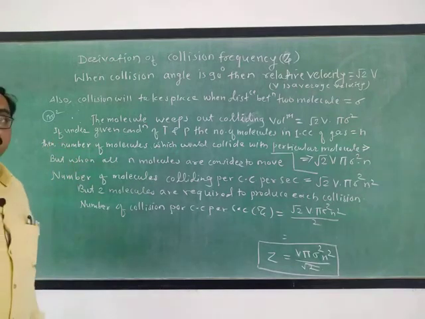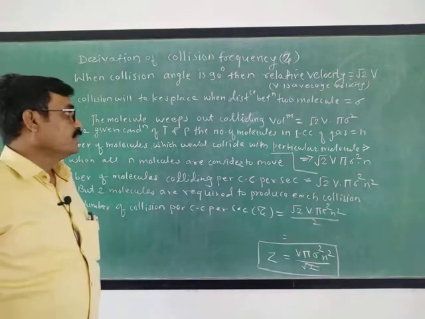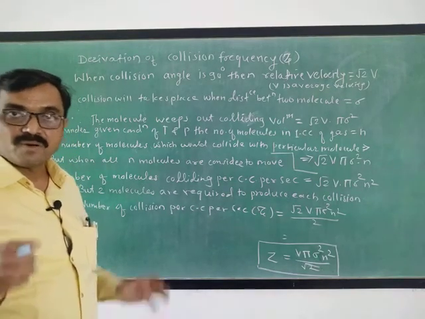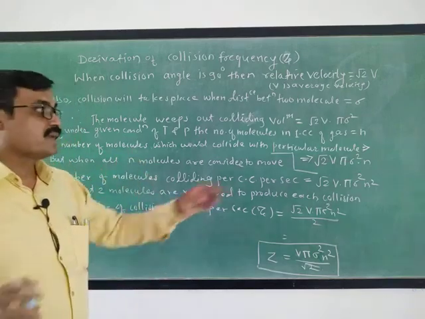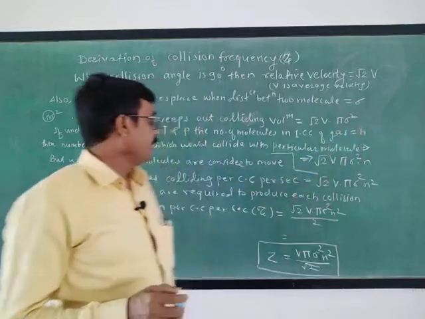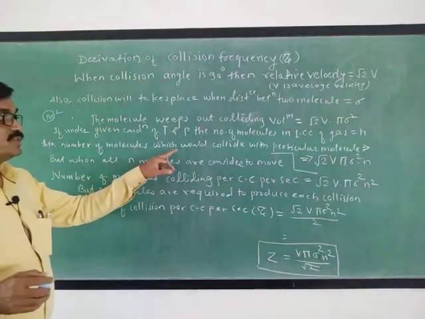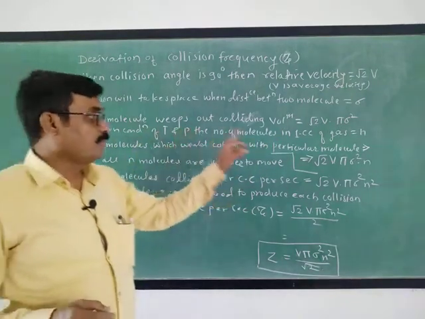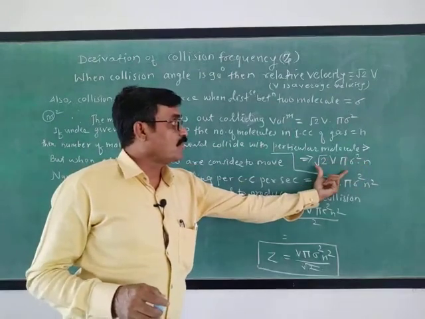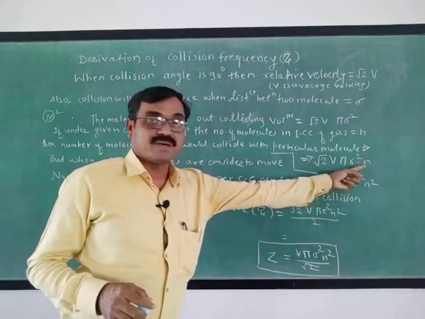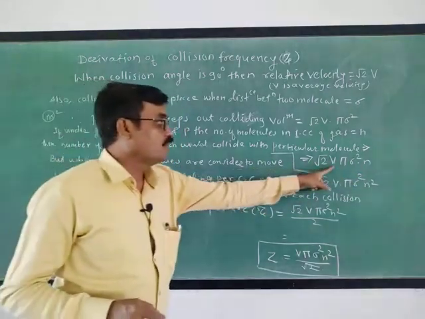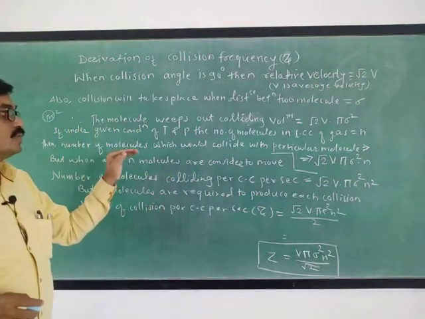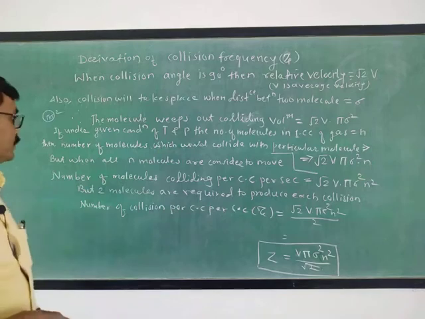Now if under a given temperature and pressure the number of molecules per cc of a gas is n, we have considered that n molecules are enclosed in a container. The number of molecules which will collide with a particular molecule will be the volume multiplied by the number of molecules, that is √2 v π σ² n.